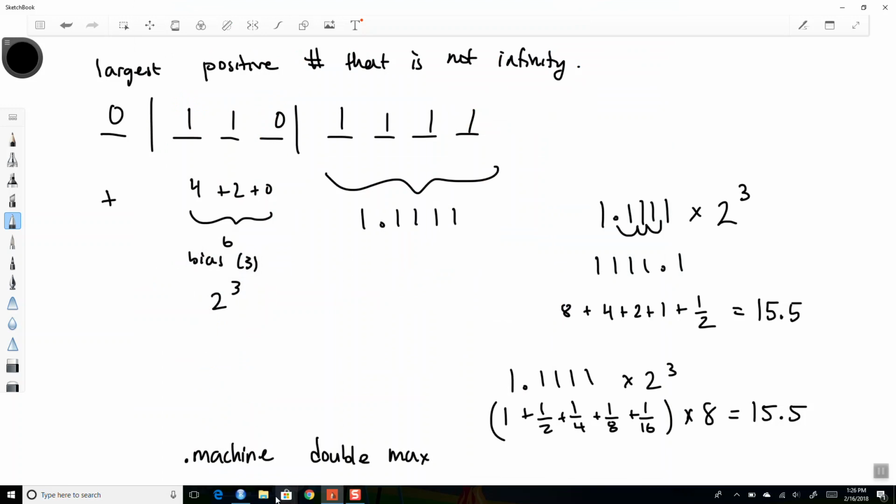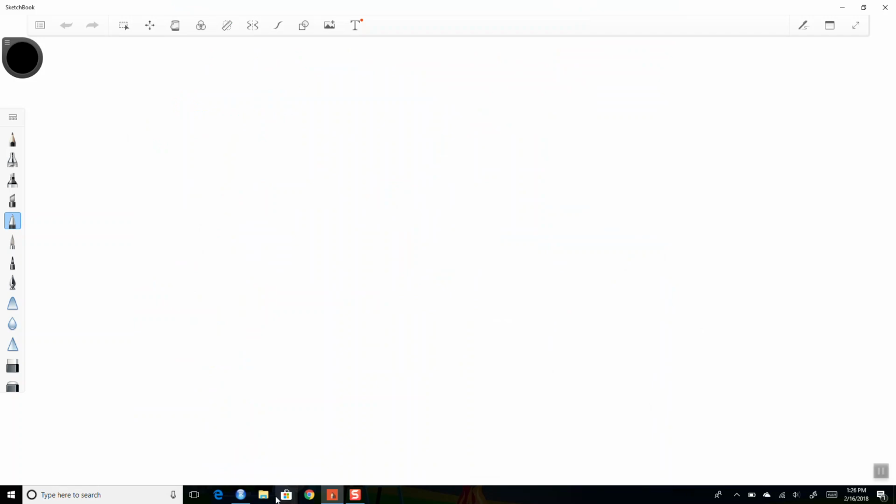And now I have to talk about denormalized numbers, okay? So let's just talk about denormalized numbers. Basically, denormalized numbers happen when the exponent is all zeros.